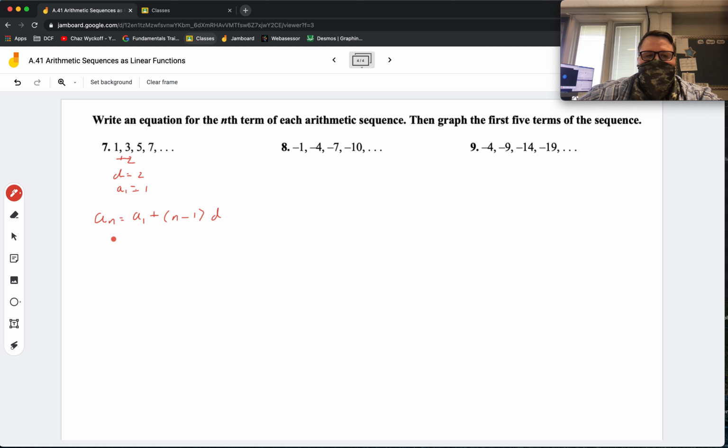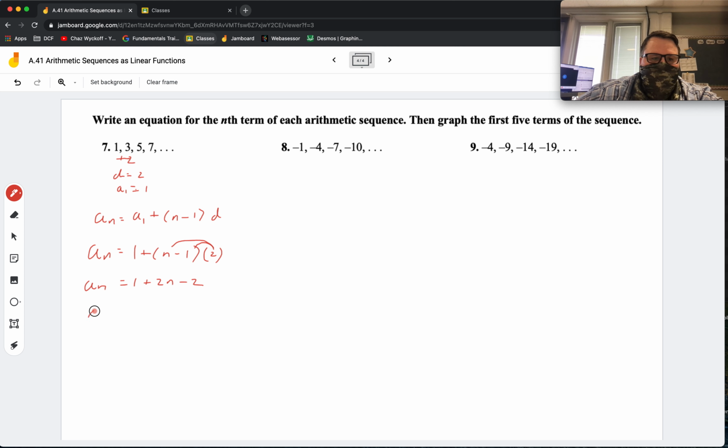So I'm going to plug in what I know. So I have A sub n equals A sub 1, which is 1, plus n minus 1 times D. Our D is 2, so times 2. So I'm going to distribute the 2 in here, and I get 1 plus 2n minus 2 equals A sub n.